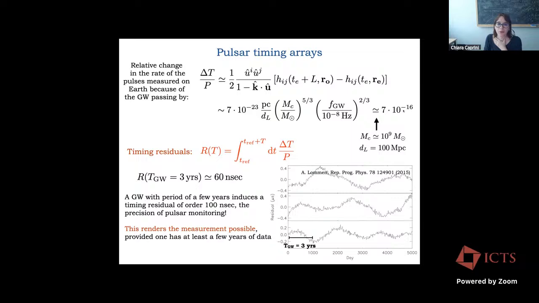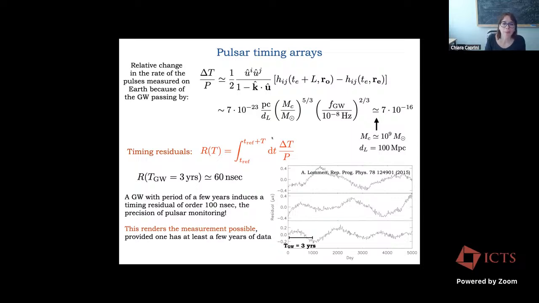But as I told you, what is observable is what is called the timing residuals. The timing residual is the integral of this particular quantity over a given time span. The time span, sorry, in this case is the period of the gravitational wave.